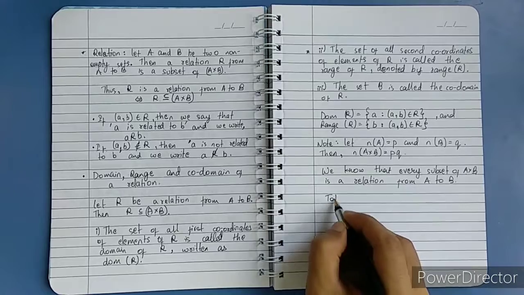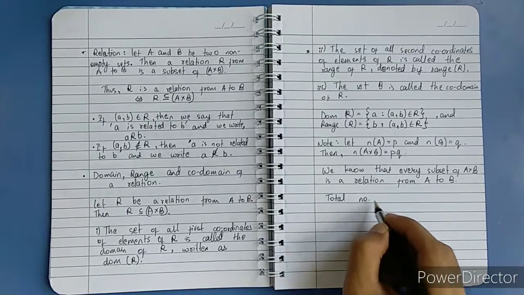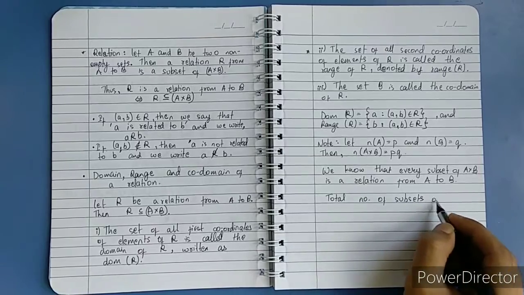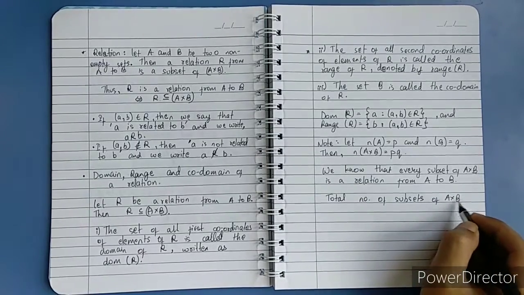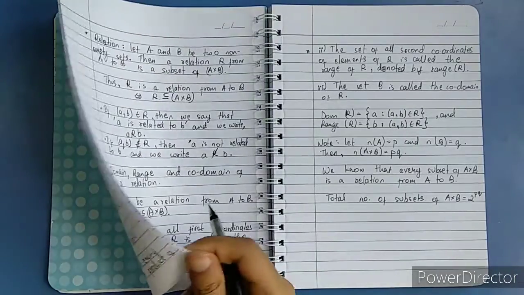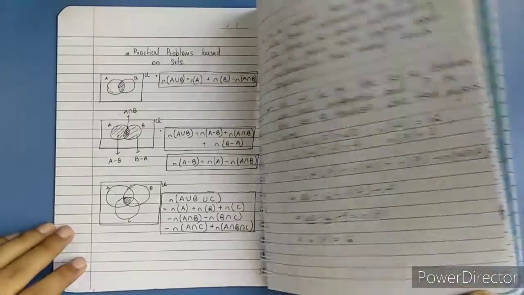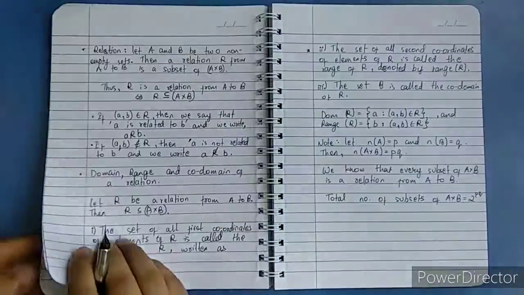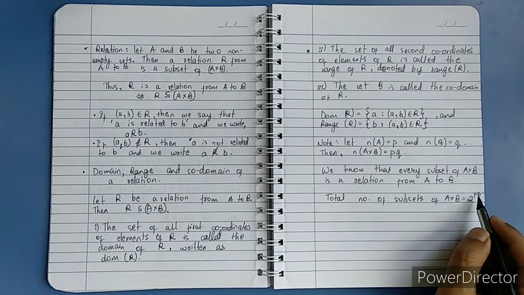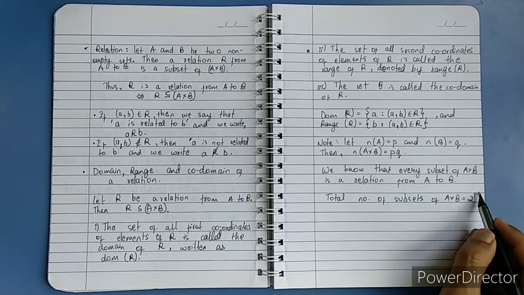So the total number of subsets of A cross B will be equal to 2 to the power pq. This we have seen in the chapter sets, where we discussed that if there are m elements in a set, then the total number of subsets will become 2 to the power m.